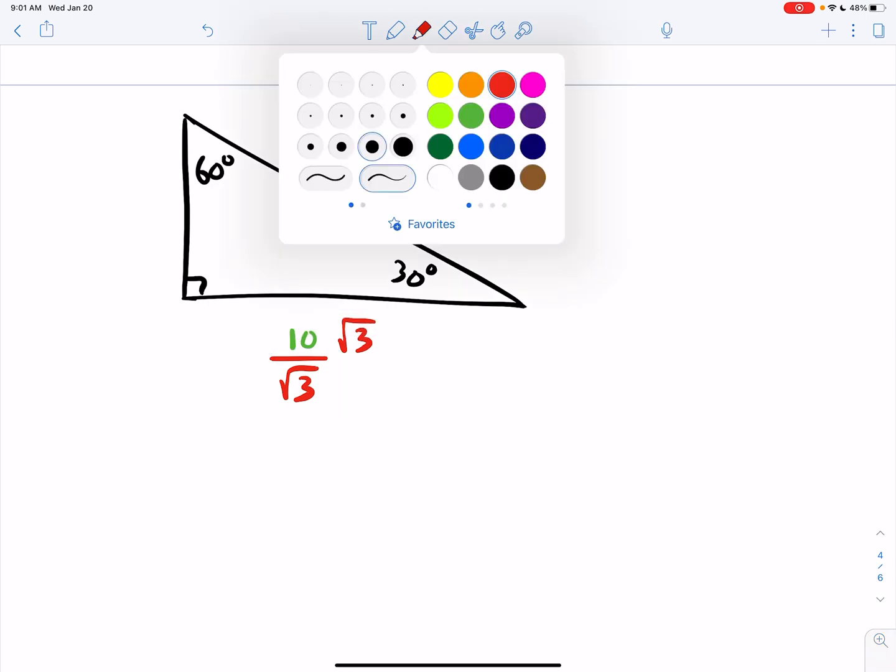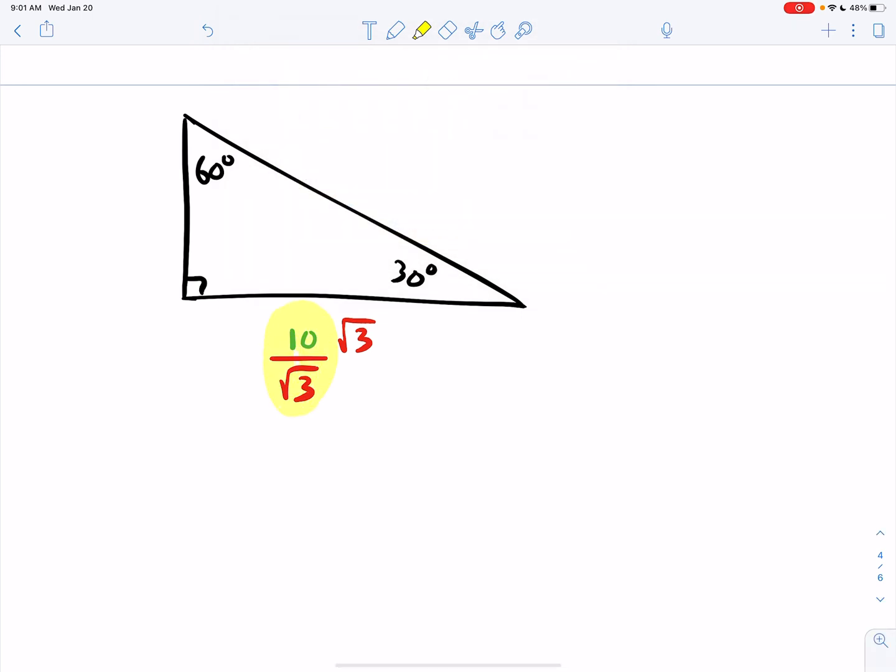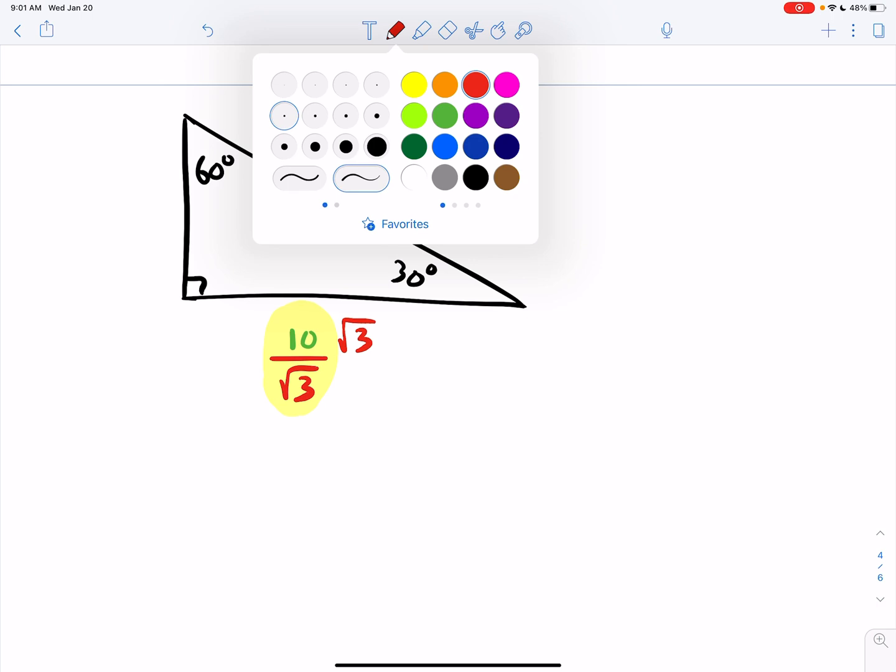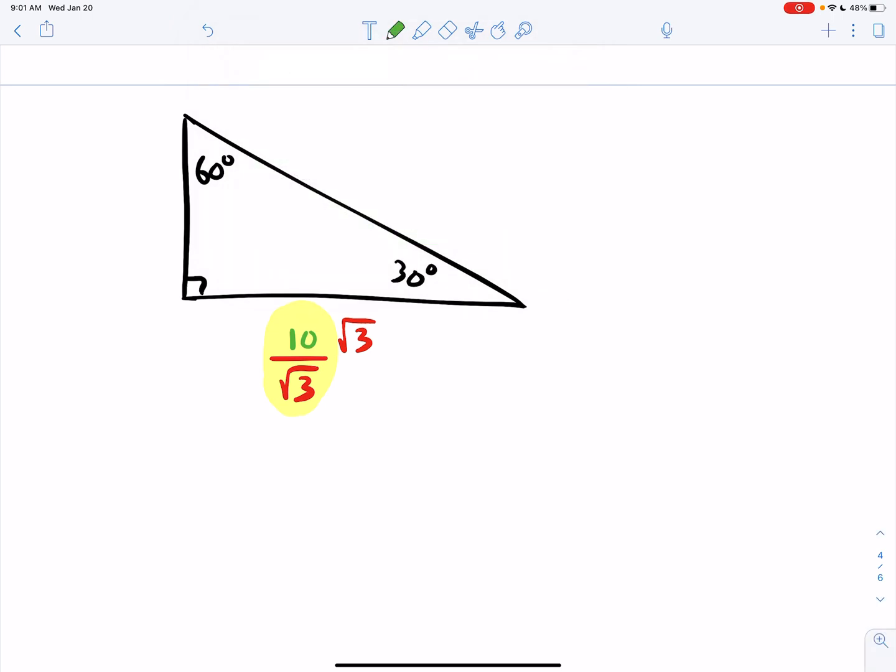So everything in front of the radical 3, which is the yellow highlight, is going to also be your short leg, 10 over radical 3. But notice how there's a radical in the denominator, so we have to quickly rationalize it. Press play when you're ready. That's just going to be 10, radical at the top, radicand at the bottom.